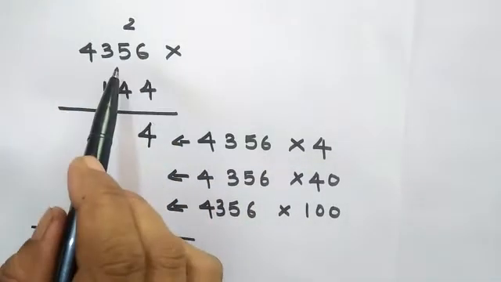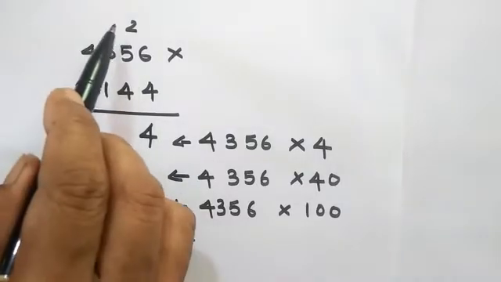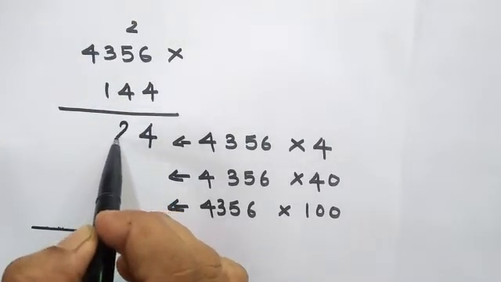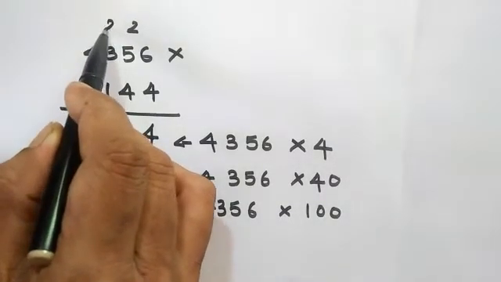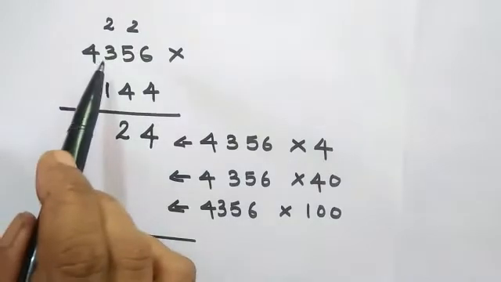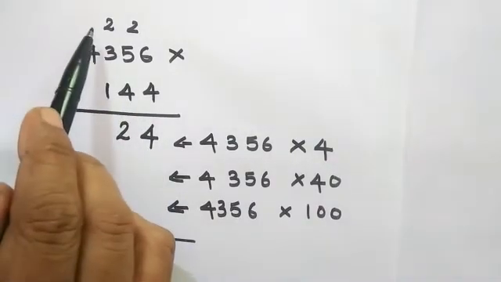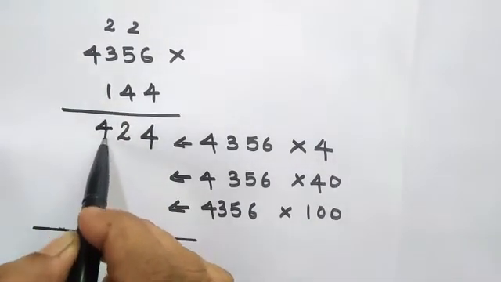Then 5 fours are 20, 20 plus this 2, 22. 2 we will write here. Then again 2 balance. 3 fours are 12, 3 fours are 12 plus 2, 14. 4 we will write here.